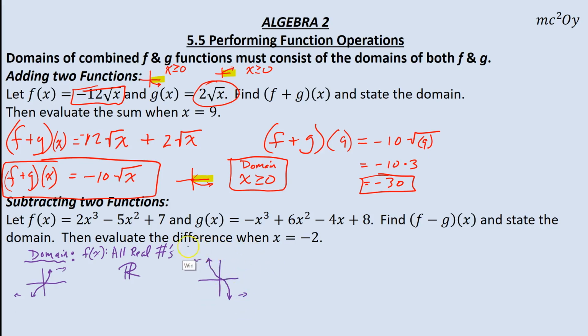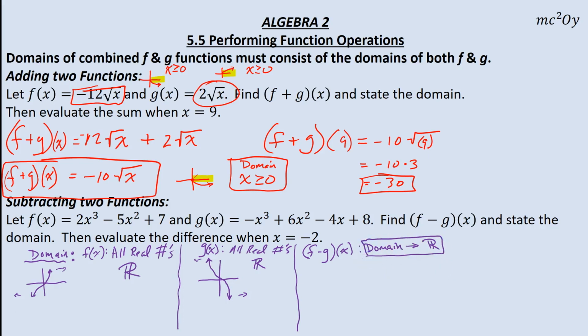So the domain of g is also all real numbers. So that would imply that f minus g of x should have a domain that should be all real numbers. Now we'll finish it up and we'll see what the picture looks like once we put them together.